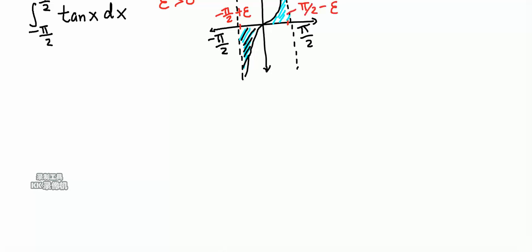Essentially what we're doing is trying to evaluate the improper integral by making this blue line, the line where epsilon lies, get closer and closer to this vertical asymptote, and making this other blue line closer and closer to this vertical asymptote.